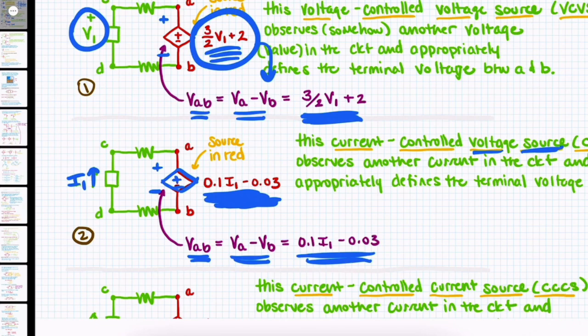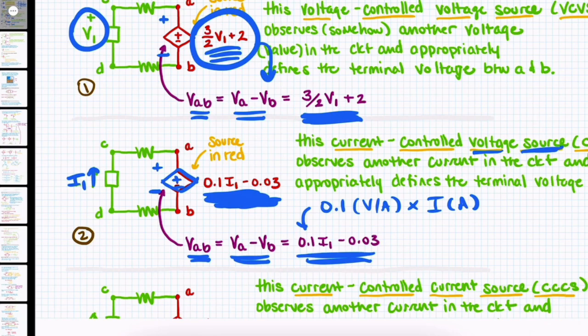Now, I'm not going to go into units too much, but one would assume that this 0.1 has units of volts per amp because we're multiplying it by I1, which is in amps. So generally, the units should work out in that way.